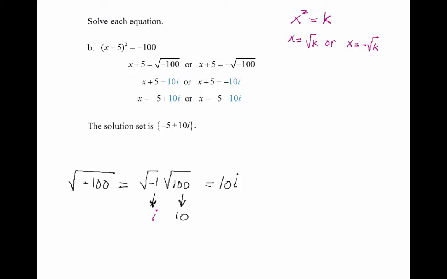So that's why we get x plus 5 equal to 10i, or x plus 5 equal to minus 10i, so x equal to minus 5 plus 10i, or x equal to minus 5 minus 10i. So we can write the solution set as minus 5 plus or minus 10i.